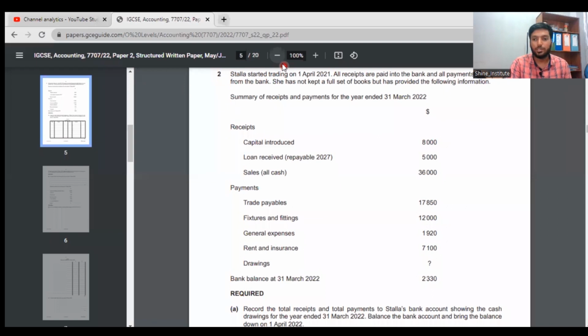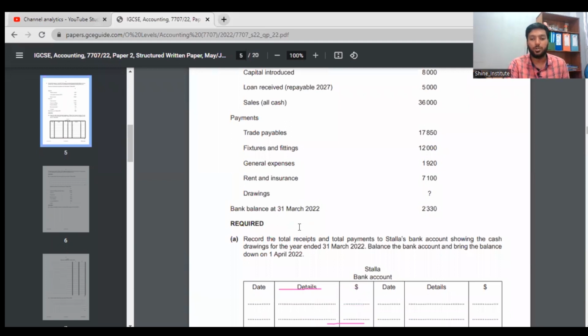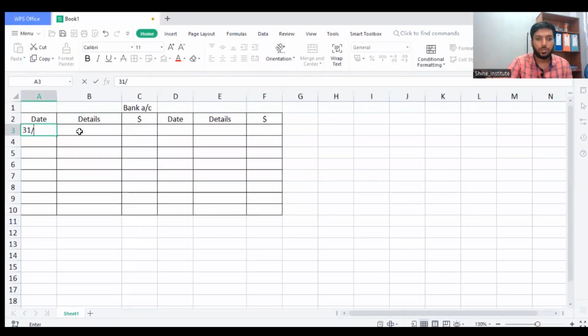We'll start with 31st March 2022, because they're asking you to create the accounts on 31st March 2022, which means you don't have a brought forward balance in this sum. All receipts you will take on the last day, so I'll write 31st March 2022.